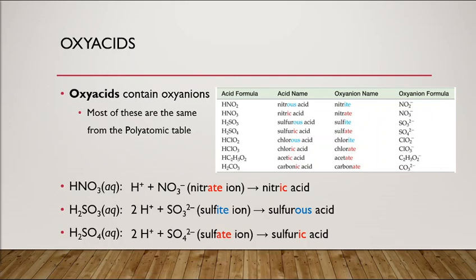Because remember, hydrosulfuric acid just contains a hydrogen and a sulfur. And so hydrosulfuric acid is just H2S with no oxygens. Sulfuric acid is H2SO4. So please, you need to pay attention to that prefix hydro. It is one of those more simple things that some students just completely overlook. So don't overlook it. Pay attention to it.